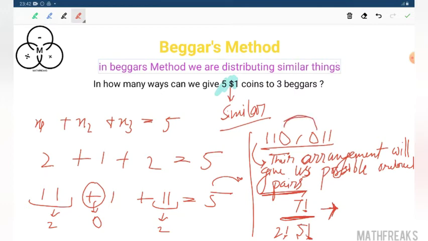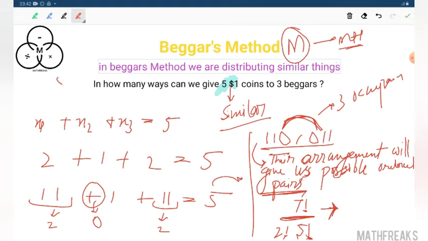These 2 spaces create 3 occupancies. If we are having m spaces, it will create m plus 1 occupancies. What do I mean by occupancies? Like 3 spaces we are having, it will create 4 occupancies. This is occupancy. So m spaces will create m plus 1 occupancy.